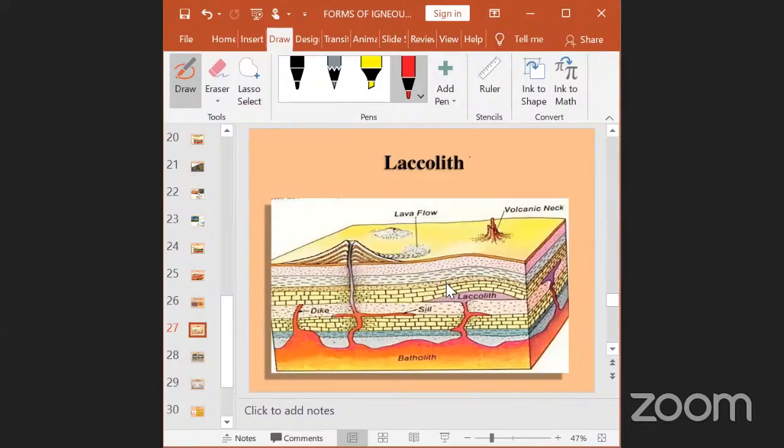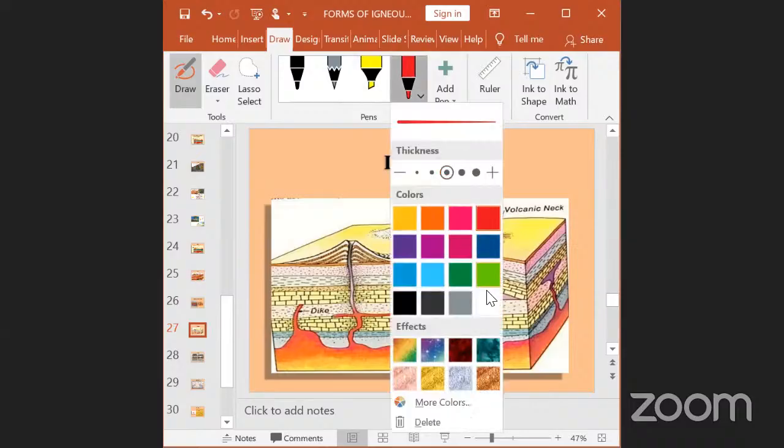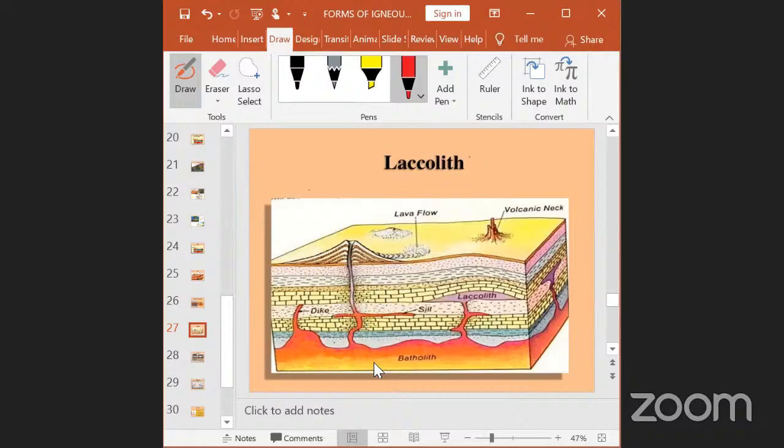It has a nearly flat bottom, but it is convex upwards, that is, domed in shape, as you see here.